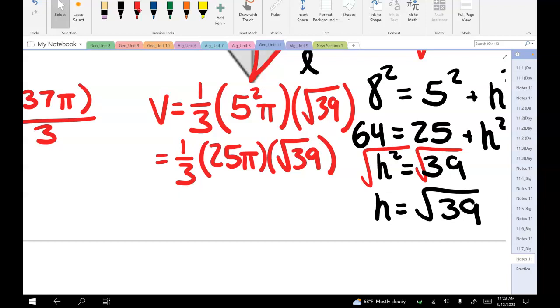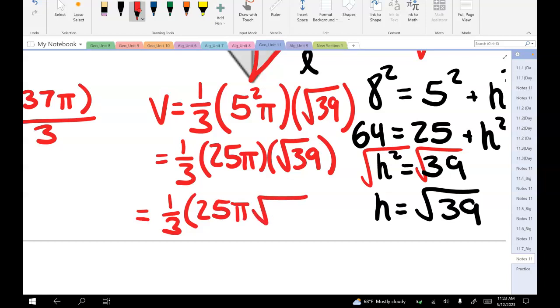We write it as 25 pi times the square root of 39. So just one more simplification step. And you can type this piece highlighted in yellow into your calculator just like that, and then hit your divide by 3 button.